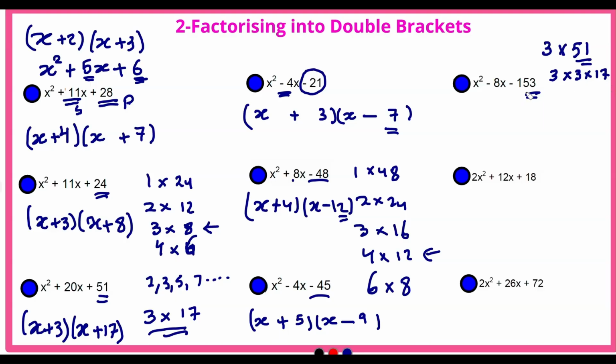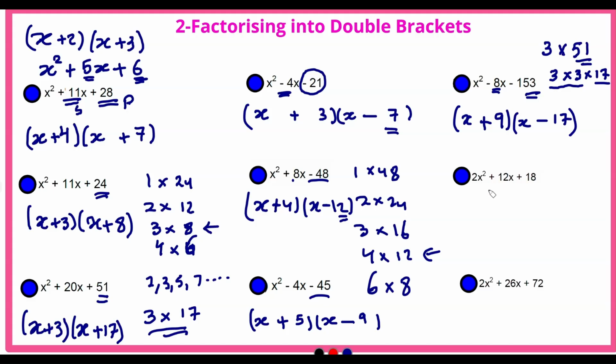If I multiply them, I get 153. I need a pair from here where the difference between them is 8, which is obviously 9 times 17. The difference between them is 8. So I'm going to write here x 9 and x 17. The largest takes the sign of the middle, and this one automatically is plus.